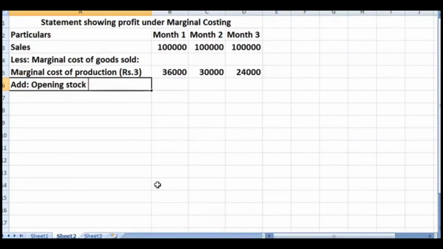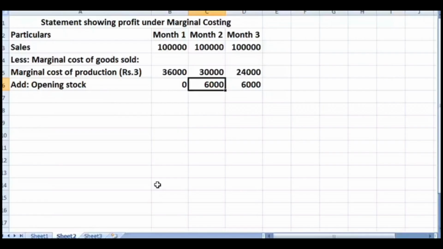So opening stock in the first month is 0. In the second month it is 2,000, 2,000 into 3, 6,000. Third month 2,000, so 2,000 into 3, 6,000.